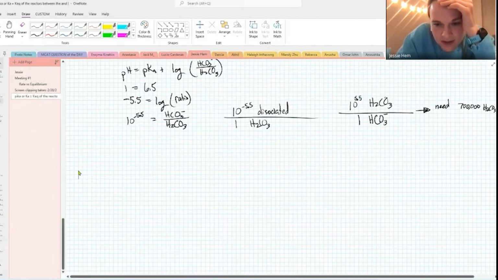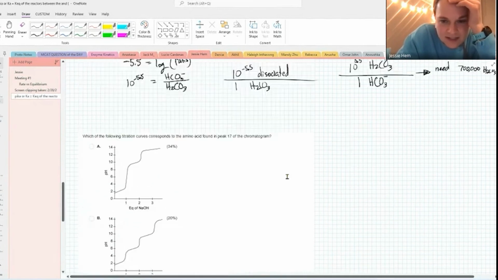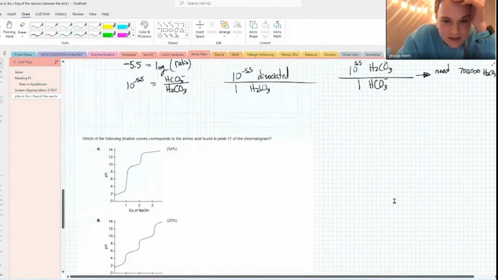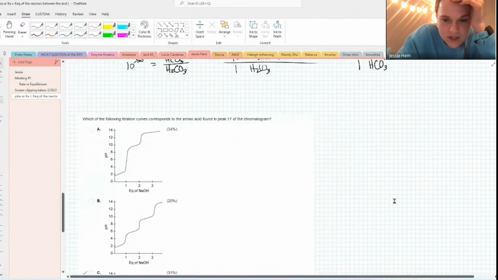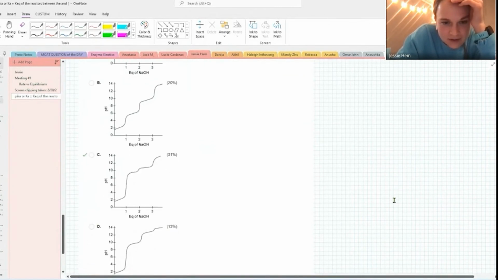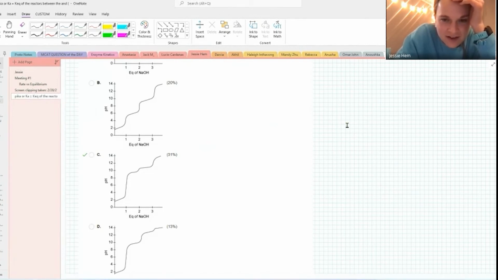So the pKa of the C-terminus is at the lowest point, like 2.2, and then 9.3, and then the lysine side chain is 10.5. Yeah, that's easy. I got that now.